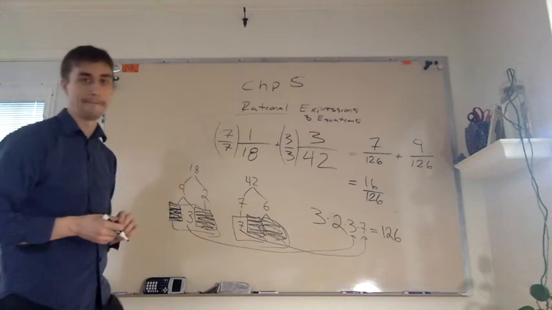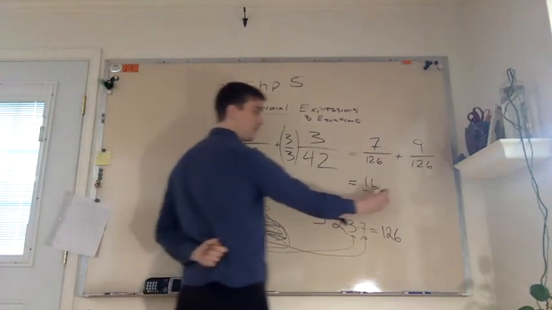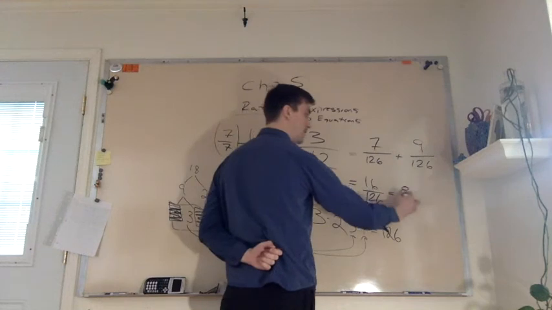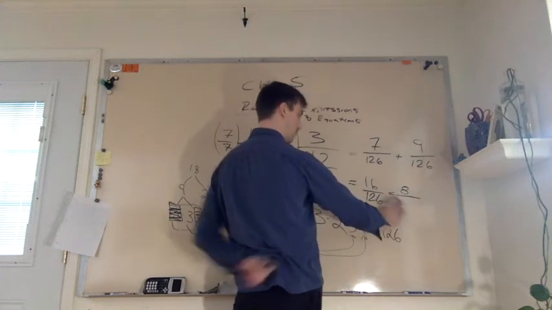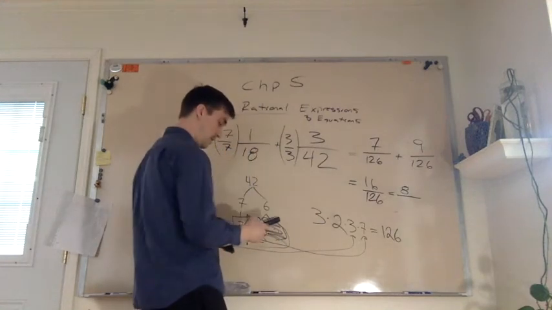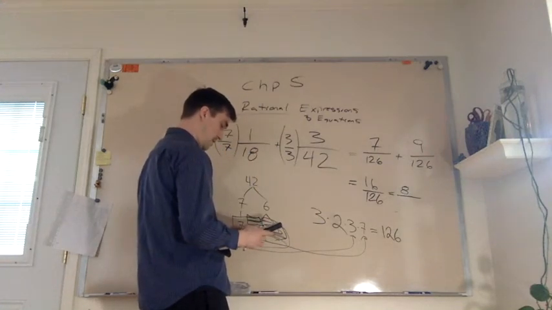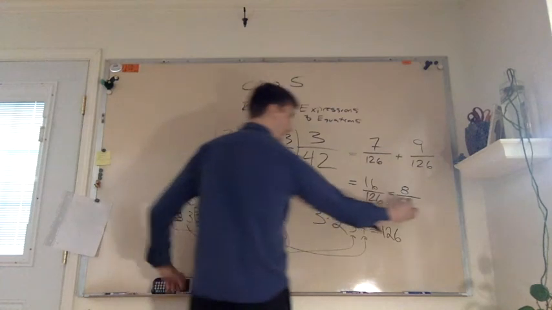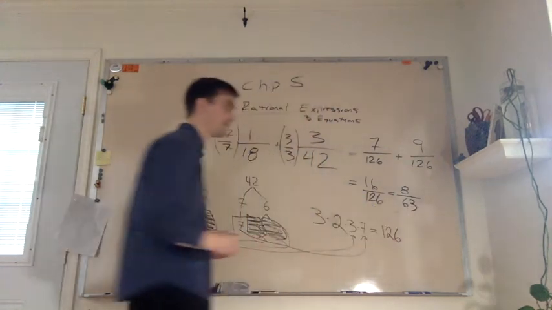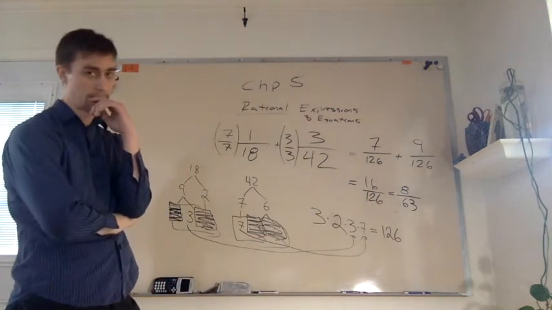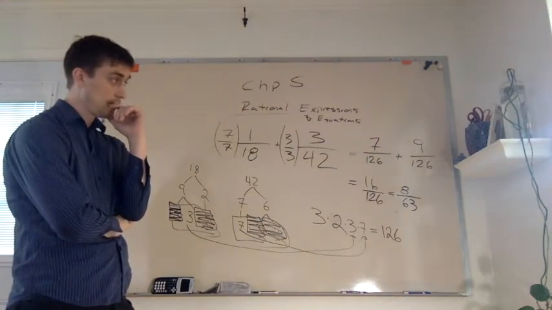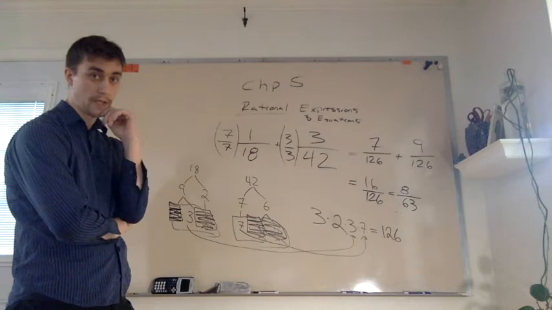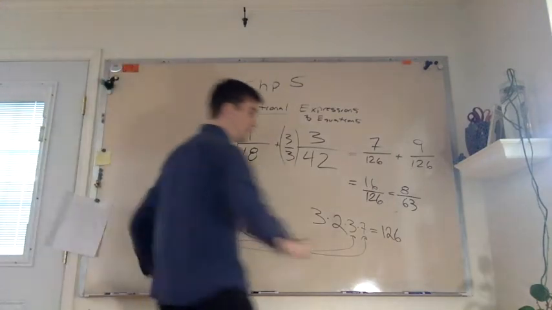And this one can. 16 and 126 are both even numbers, so you can divide them both by 2. 8, and 126 divided by 2 is 63. 8/63. I don't think that can be simplified anymore. There you go.